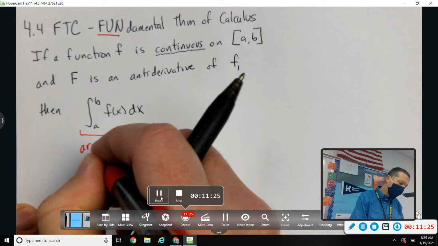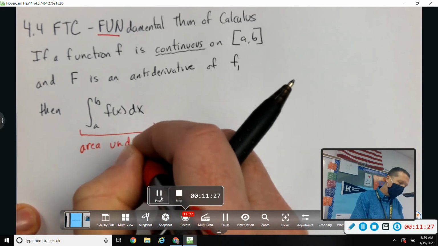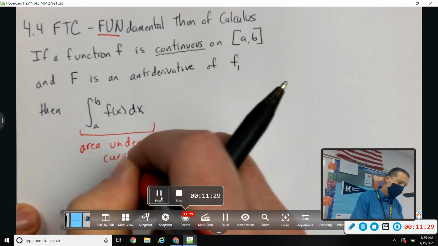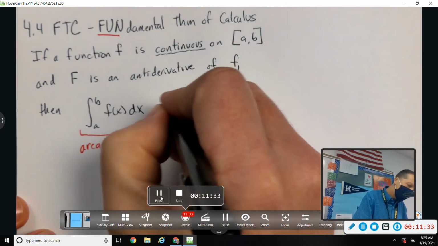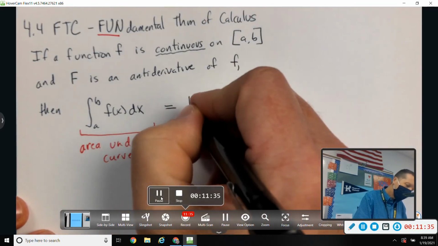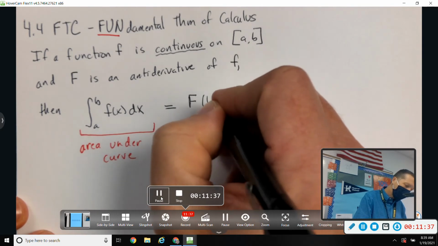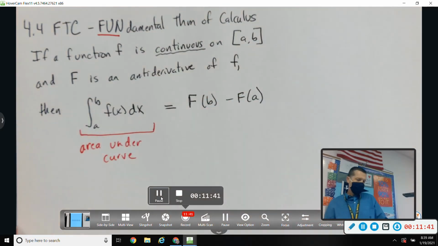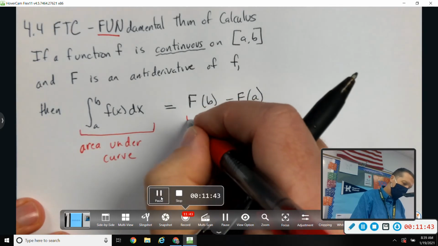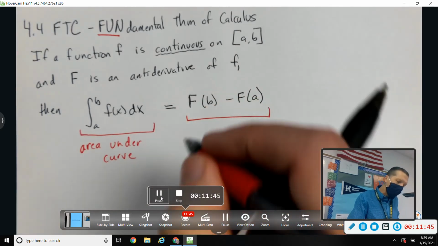that's usually what we think of as the area under the curve from A to B, is equal to capital F of B minus capital F of A. And capital F is the antiderivative.